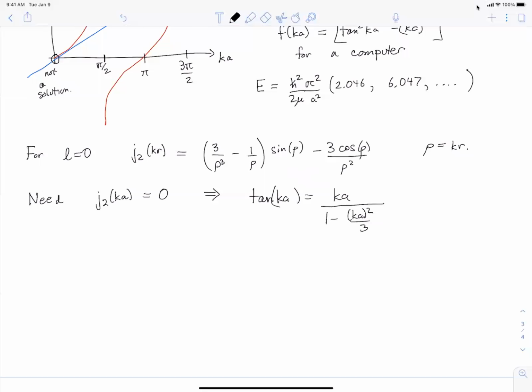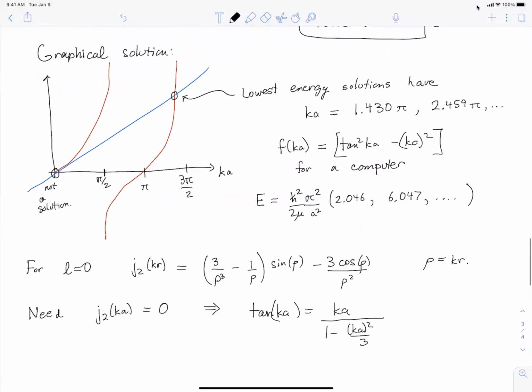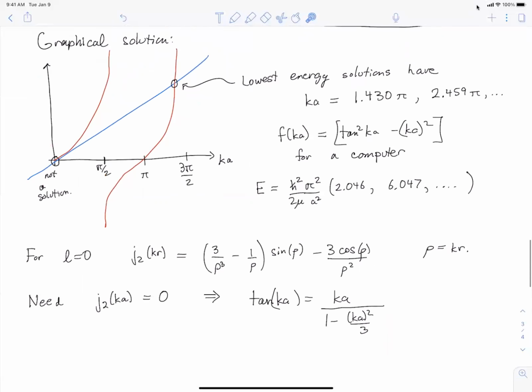So what does that mean? That means instead of here, when I did this blue line, instead of putting in a blue line, now I'm going to put in this curve, which is close to a line when ka is very small, but then deviates for larger ka.